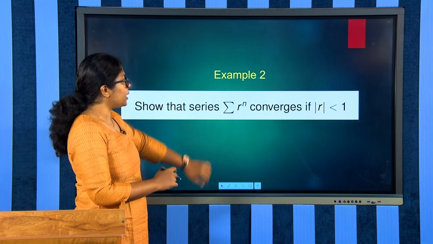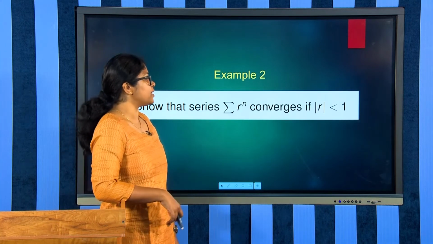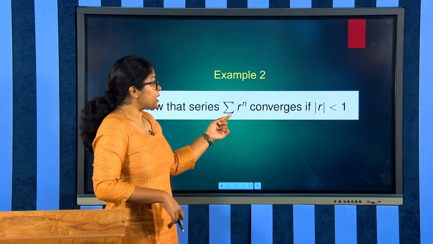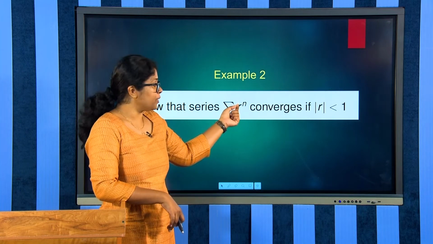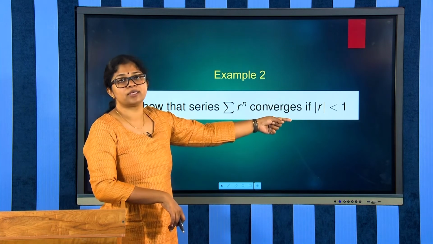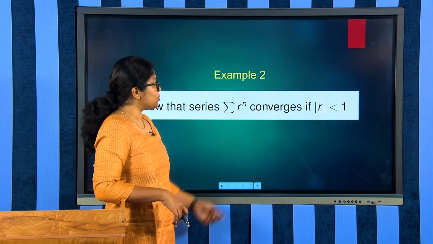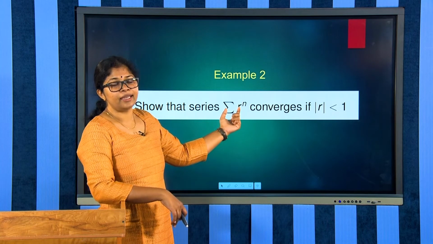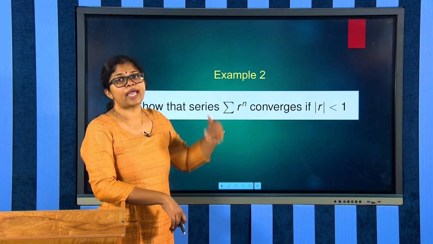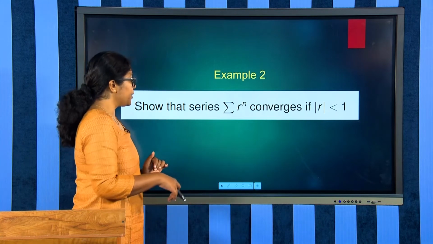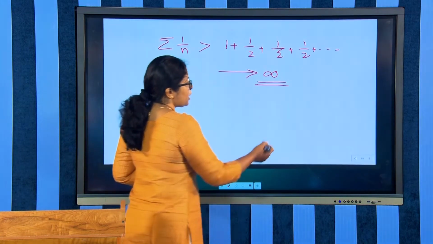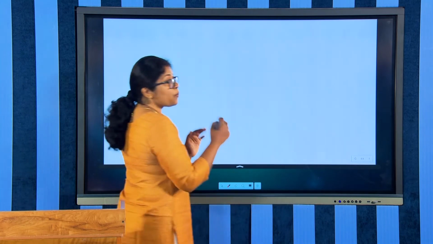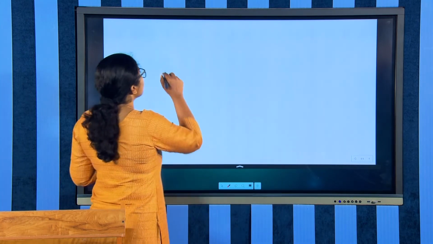Okay. Now the next example that we have is summation r power n converges if modulus of r is less than 1. So this summation r power n is a geometric series which we had discussed in the previous class. So we can see its convergence using the sequence of partial sums.